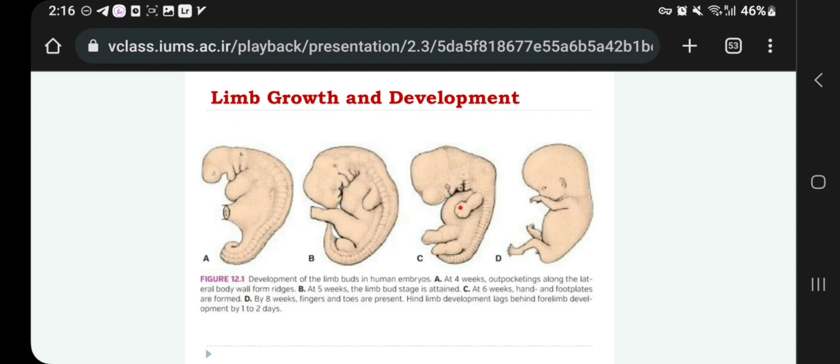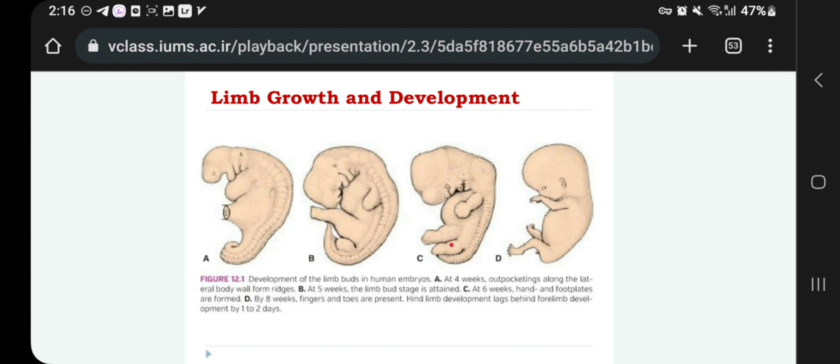So in a 6th week old embryo, as I told you, we have a foot plate and hand plate. At the same time, the first model of the cartilage appears in the limb bud, but I will discuss that in the next slide.